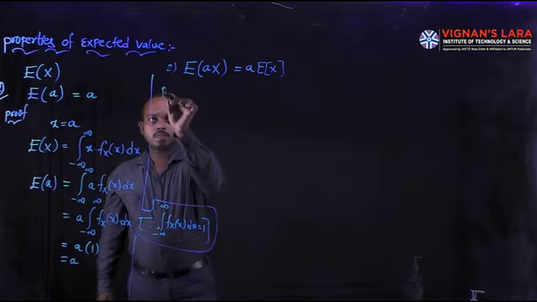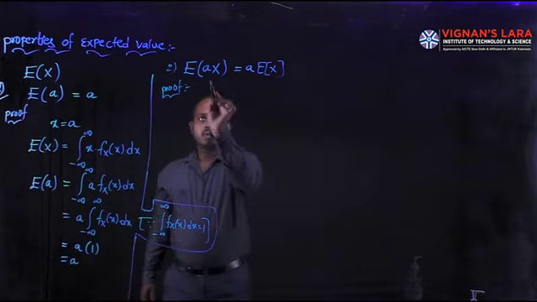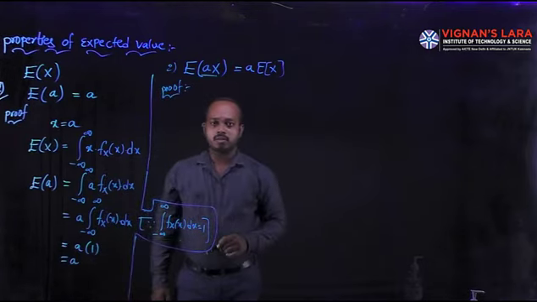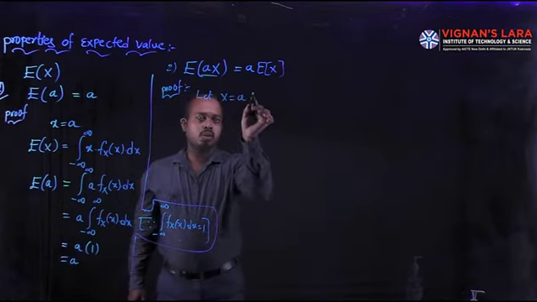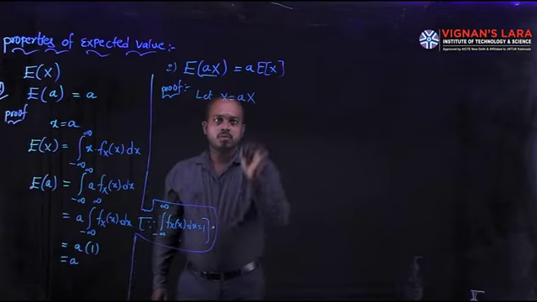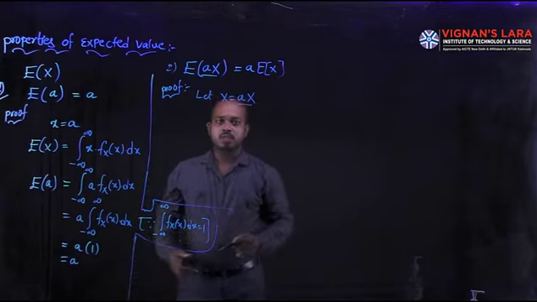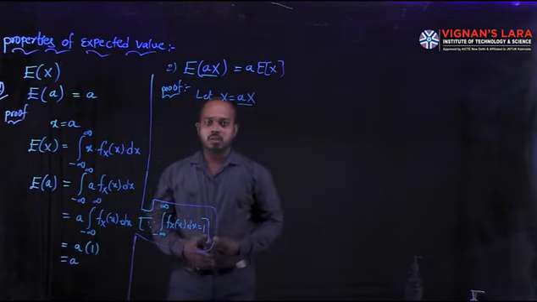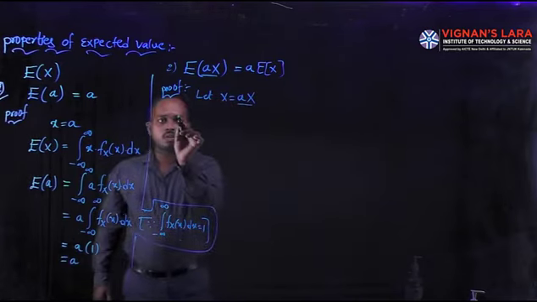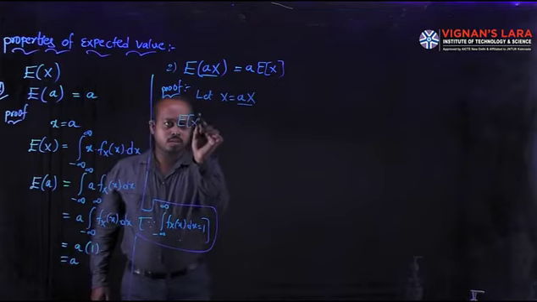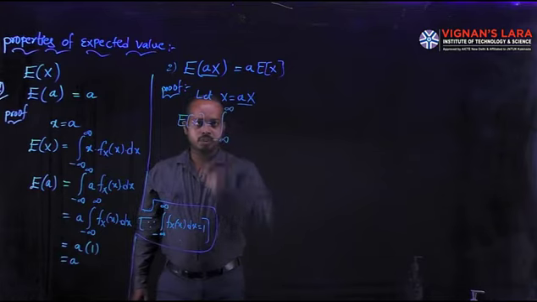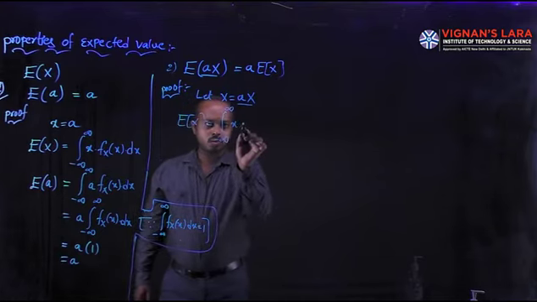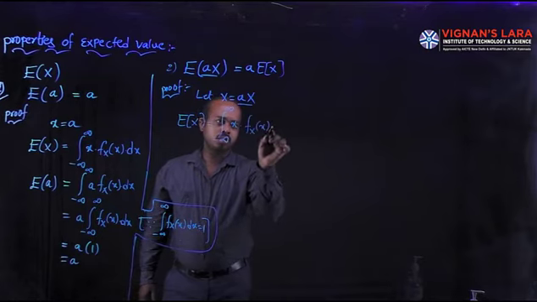For providing the proof of this property, you need to consider the value of X as AX. Let capital X be equal to A capital X. With this function, consider the expectation value, which is like writing the basic definition of expected value: the expectation of X is equal to the integral from minus infinity to plus infinity of x times f_X(x) dx.